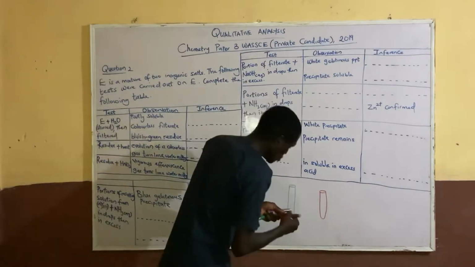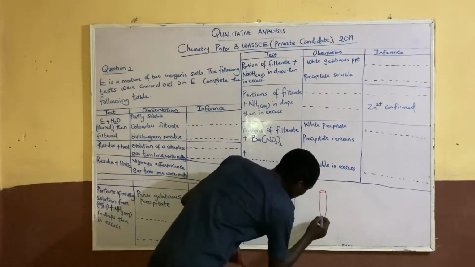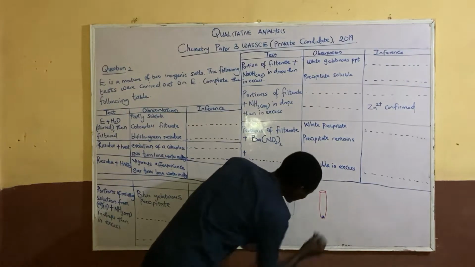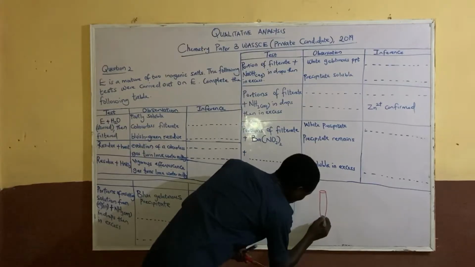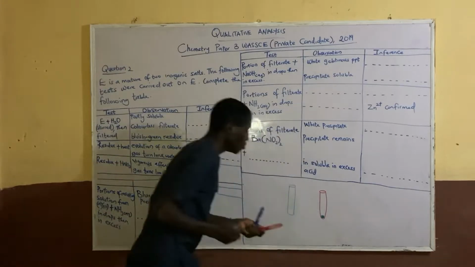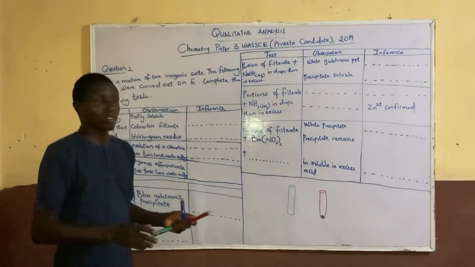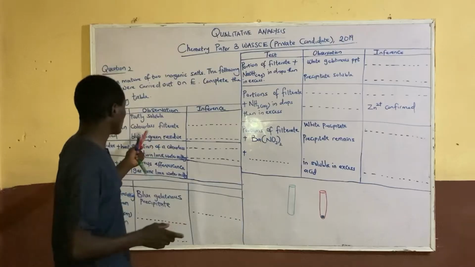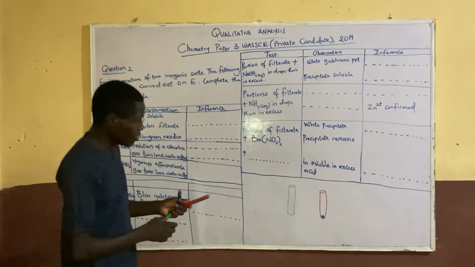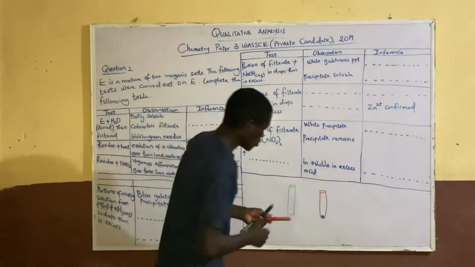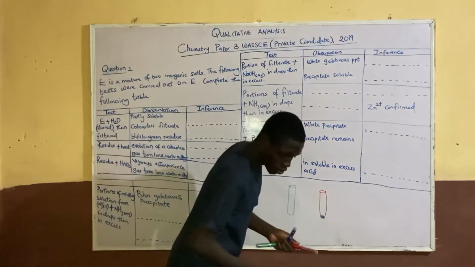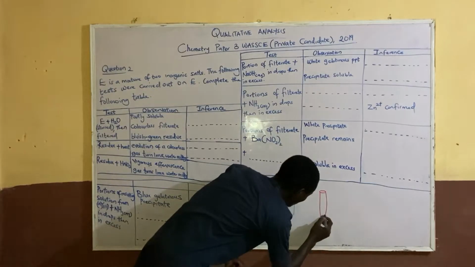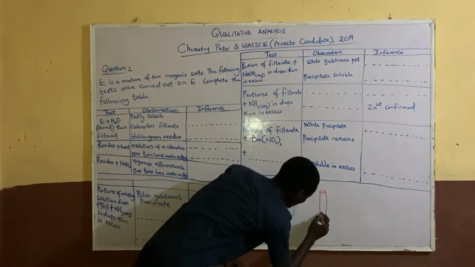When we dissolve it in water, we have a bluish green residue, and the other one is the filtrate. The filtrate has no color. Colorless filtrate.